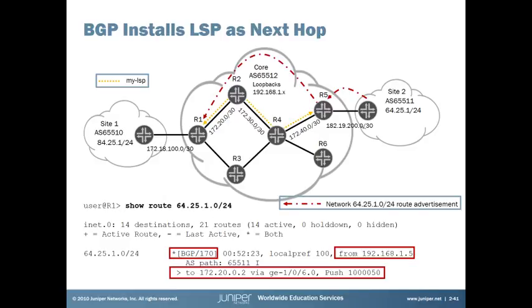So what we've got is two things going on here. We've got the route advertisement coming out from site 2, BGP. So we've got the eBGP advertisement arriving at R5, the iBGP advertisement arriving at R1. We've done a next hop self on R5, so we've put a routing policy on R5 to change the default behavior of BGP, which is to not change the next hop. We've changed the default behavior to change the next hop to itself.